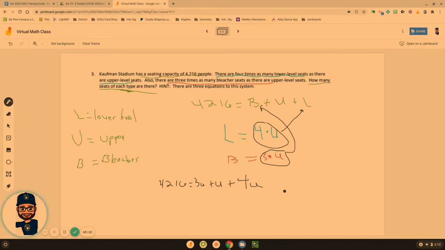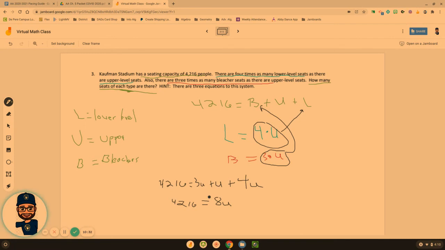We want only one variable so that we can solve. So if I look at this side, 3U plus another U plus 4U gives me a final of 8U equals 4,216.